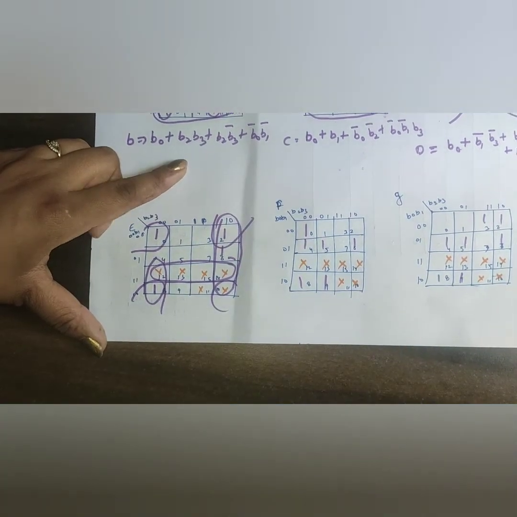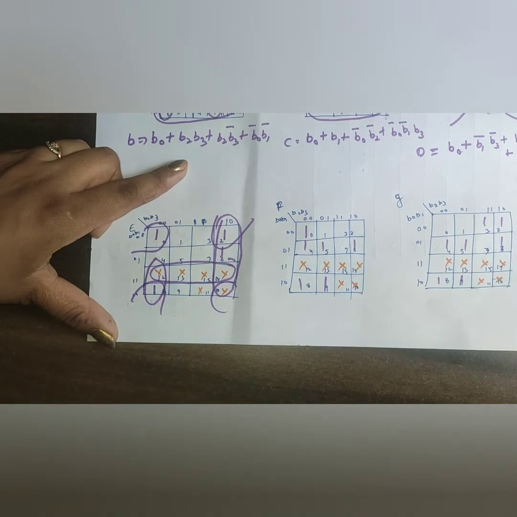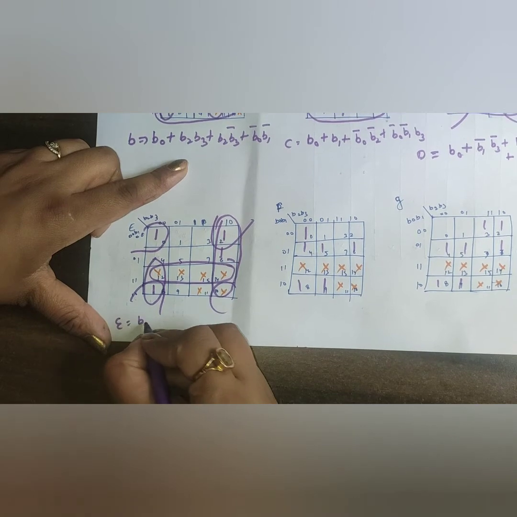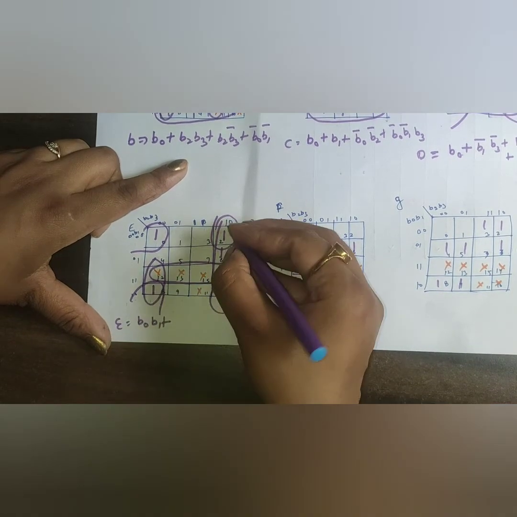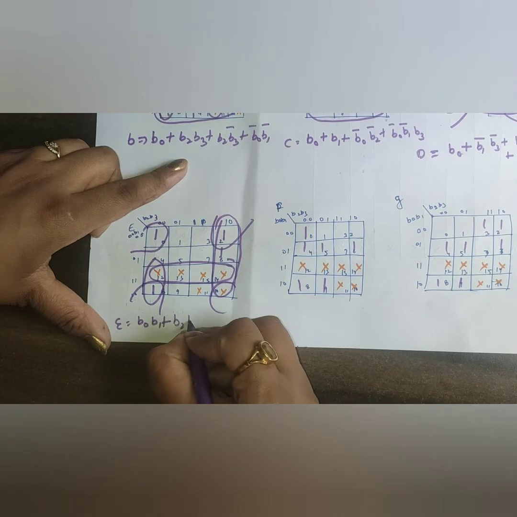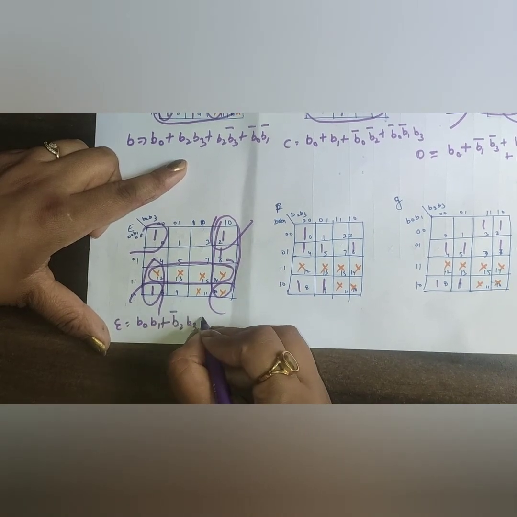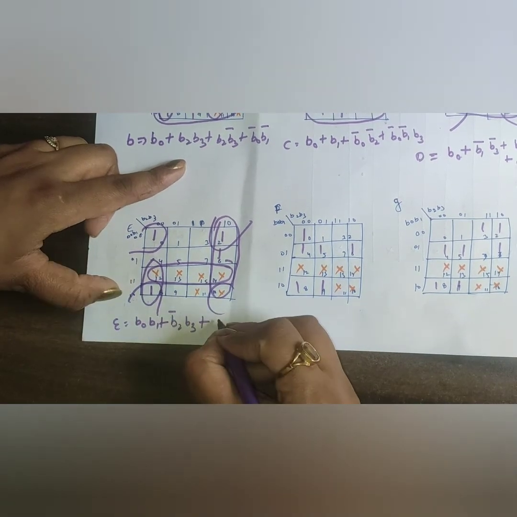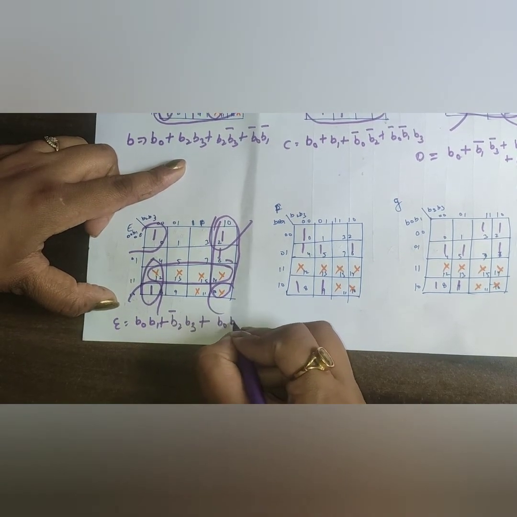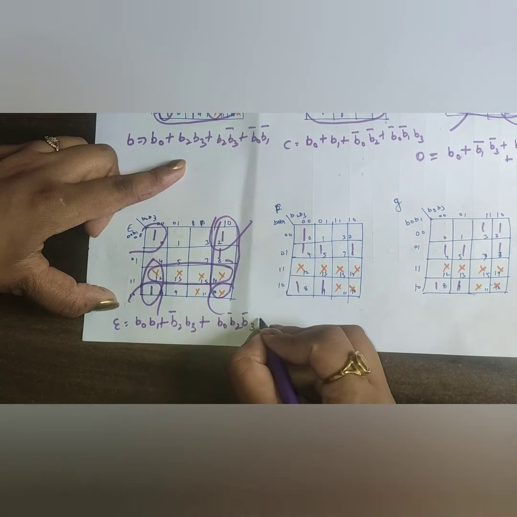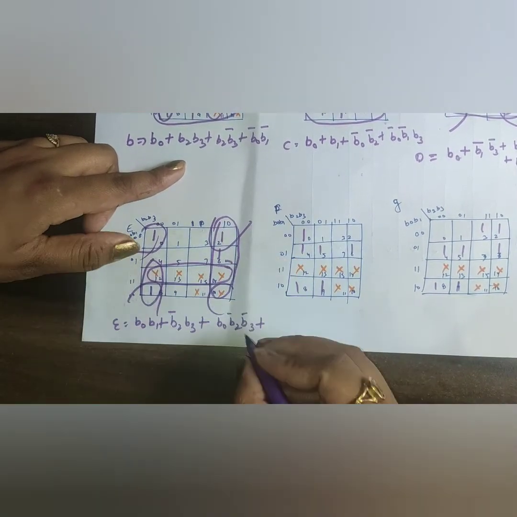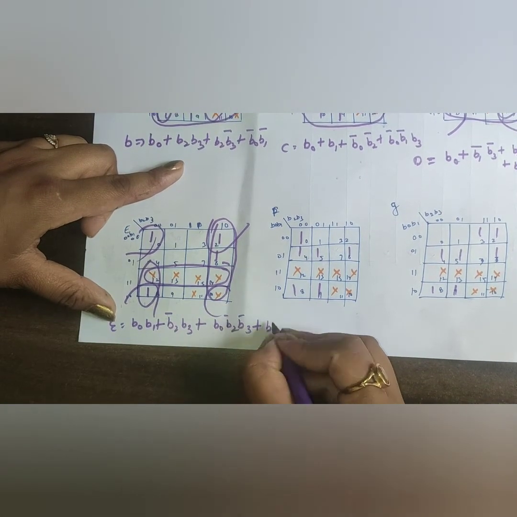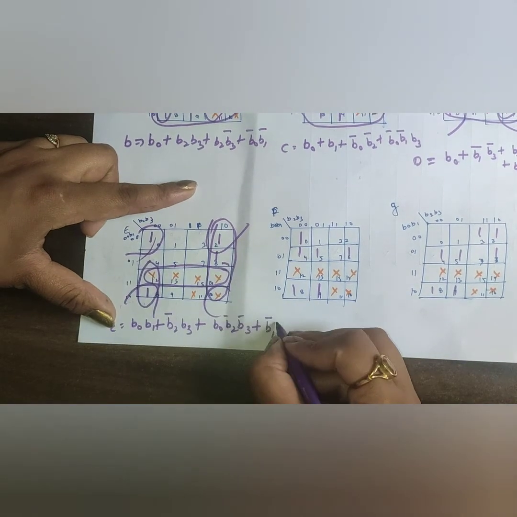Okay, so here for E, that will be B0 B1 plus here to here B2 and B3, B2 bar plus B3, and for this group this will be B0 B2 bar and B3 bar plus this corner group we have, that is here to here there B1 bar, here to here B3 bar.